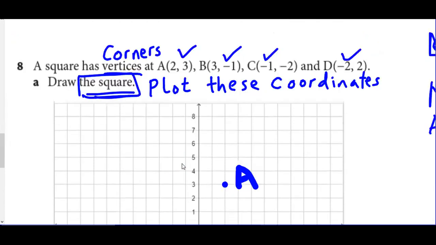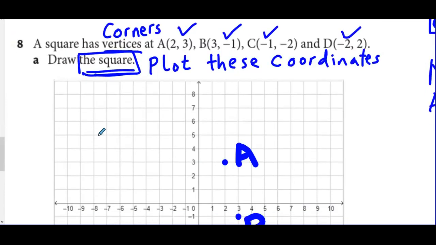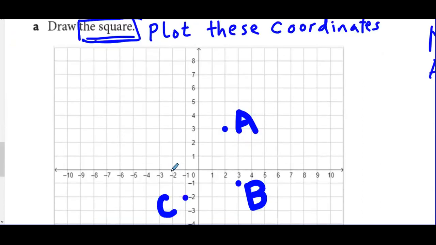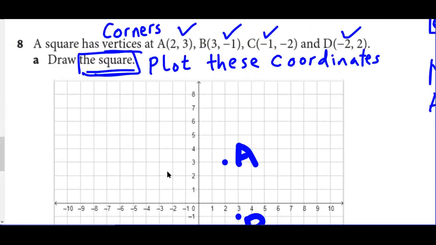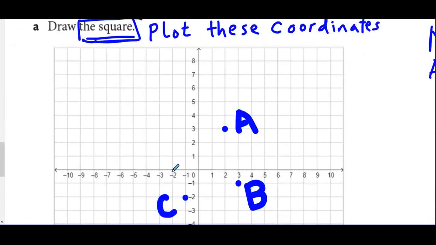How about D? (-2, 2). So -2 is here. Let me scroll down. -2 is somewhere here, and that is (-2, 2). So you have -2 here. This is your (-2, 2). Can you see that?